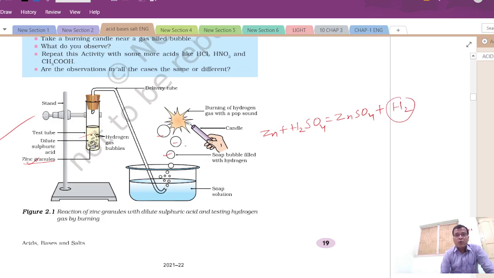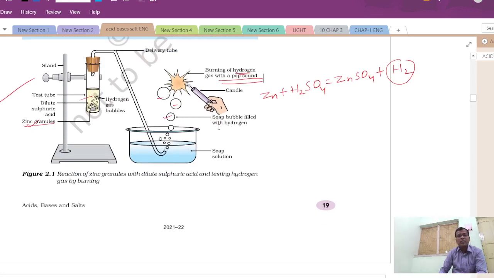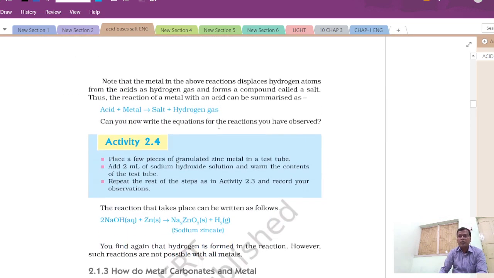When you bring a burning candle, the gas will burn with a pop sound. This pop sound is used to identify hydrogen gas. So your answer will be hydrogen gas.